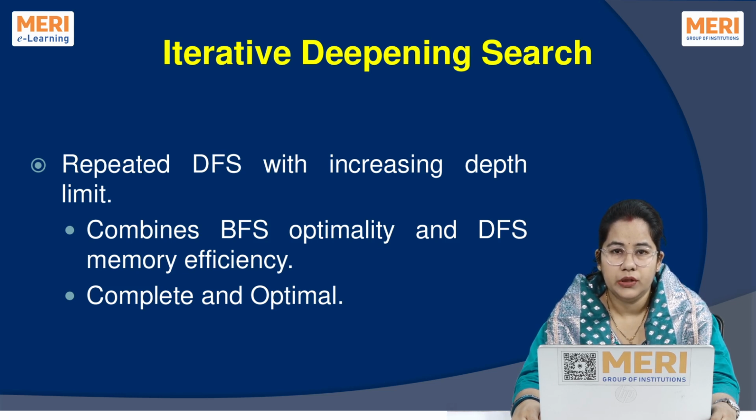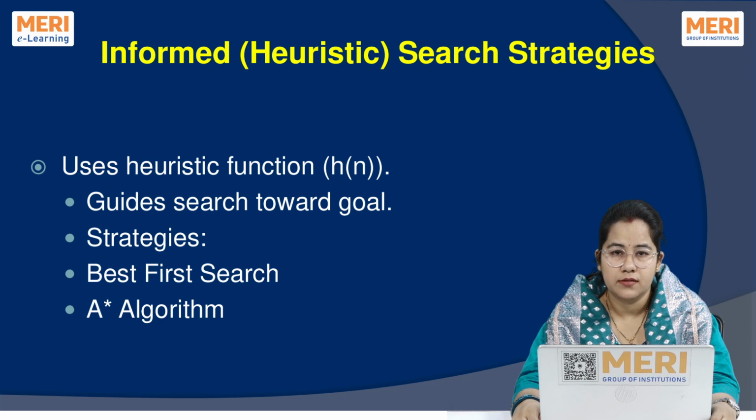Now, move to the informed heuristic search strategies. Informed search strategies, also known as heuristic search methods, improve upon uninformed search by using additional knowledge to guide the search process.